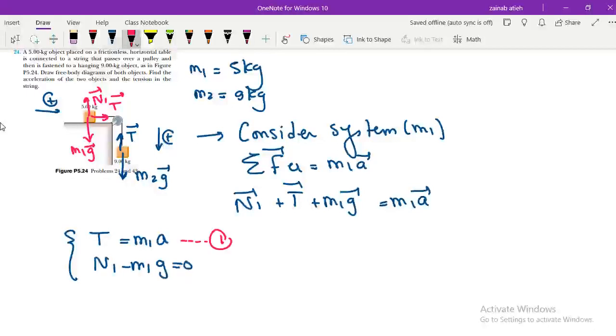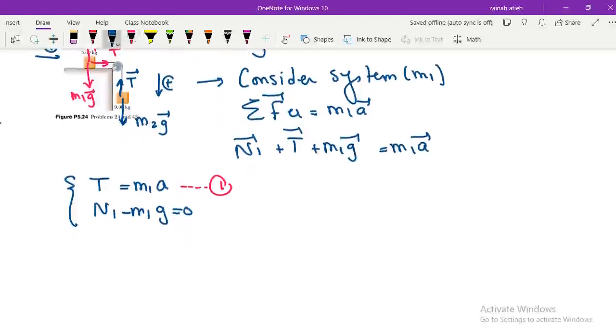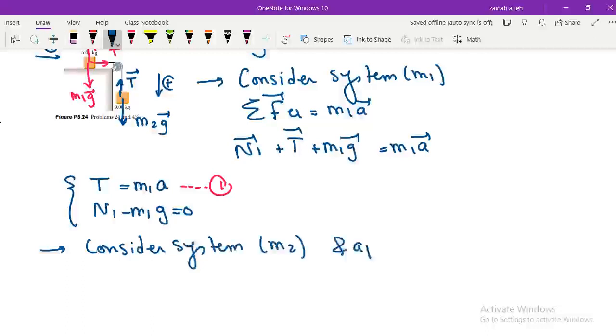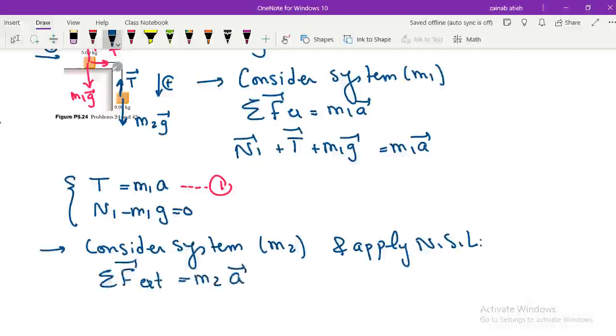So let's now consider system M2 and apply Newton's second law. We find sum F external is equal to M2A. Notice I used the same A above and below, I didn't change it, because the two blocks are connected by the same inextensible string over the pulley, so both move with the same acceleration.